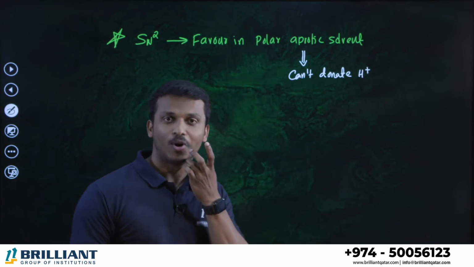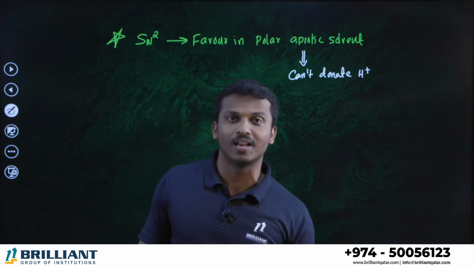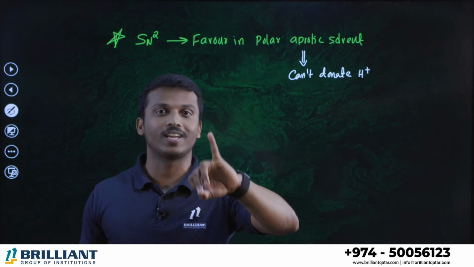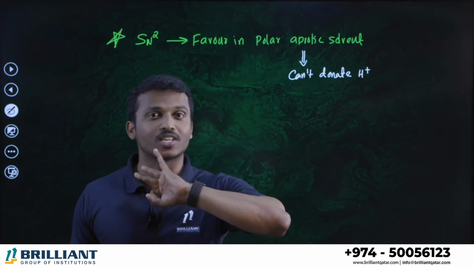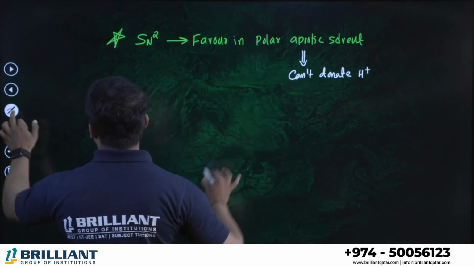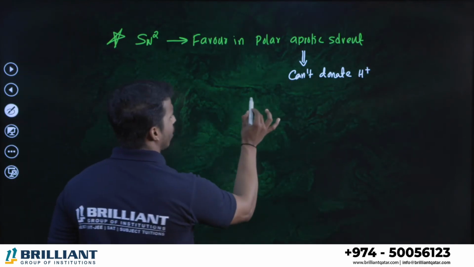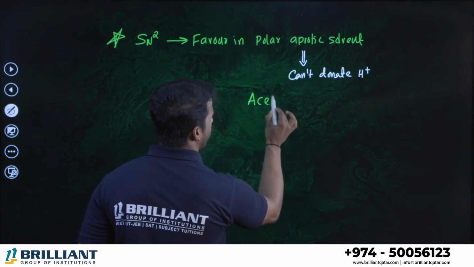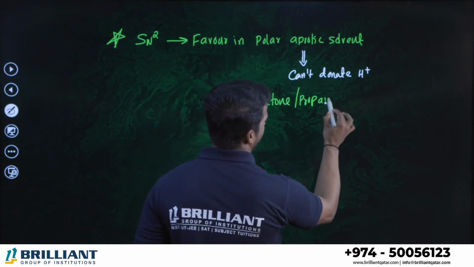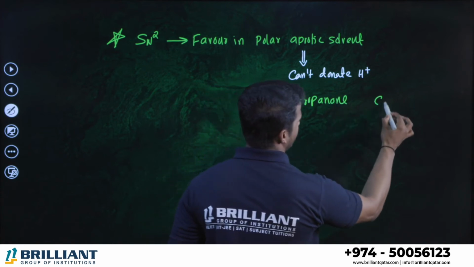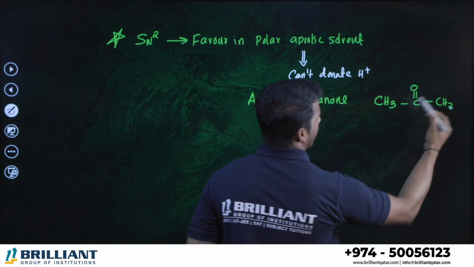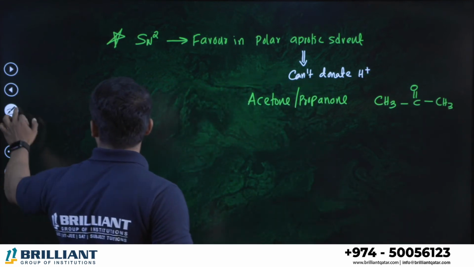Do you remember what the polar protic solvent examples were? I think we mentioned 3 examples: water, alcohol, and the last one, ethanoic acid, acids. Polar aprotic solvents are the major example. All of you keep in mind acetone. Acetone is also known as propanone, CH3COCH3. How are they polar?